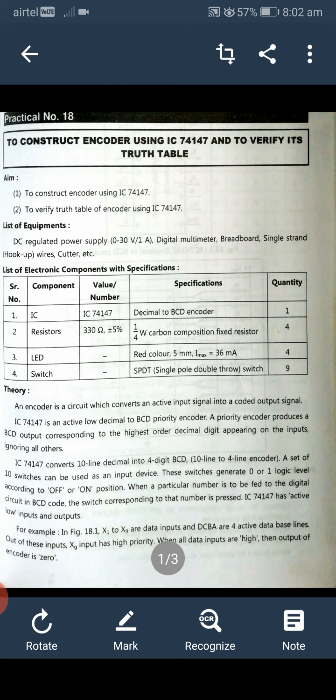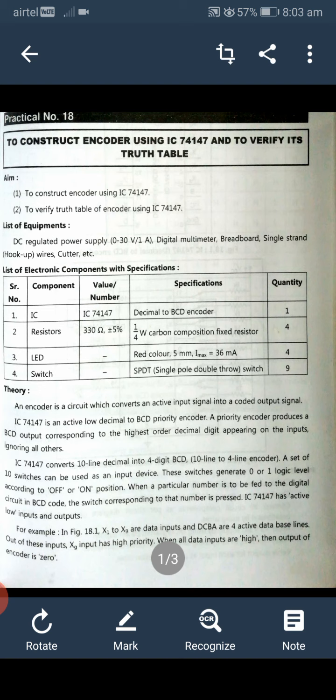The IC 74147 converts 10 line decimal into 4 digit BCD. A set of 10 switches can be used as input device. These switches generate 0 or 1 logic level according to off or on position.